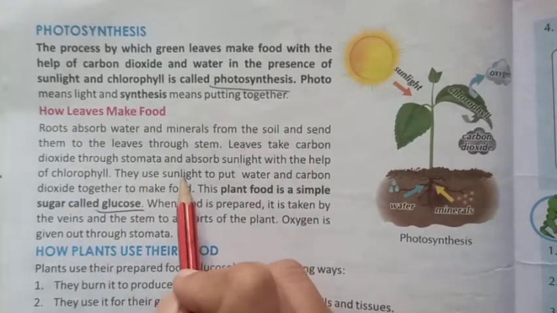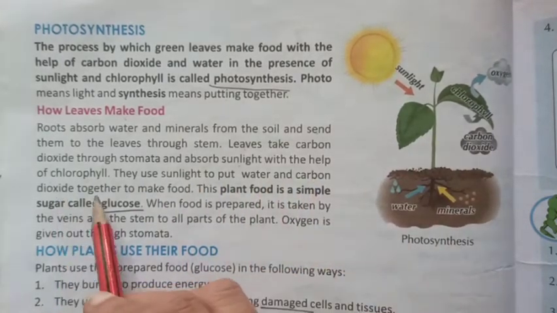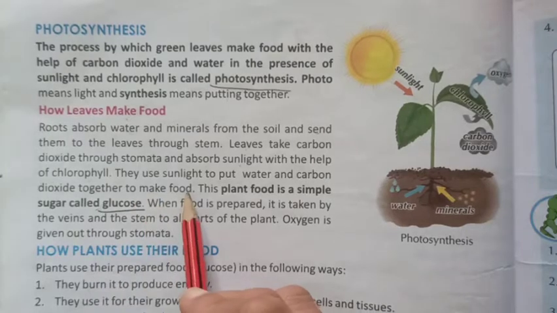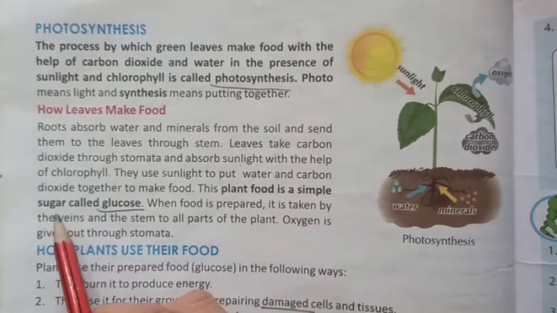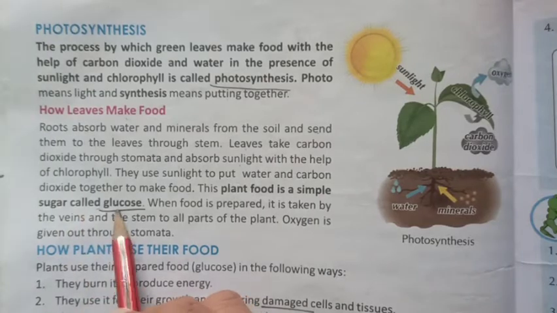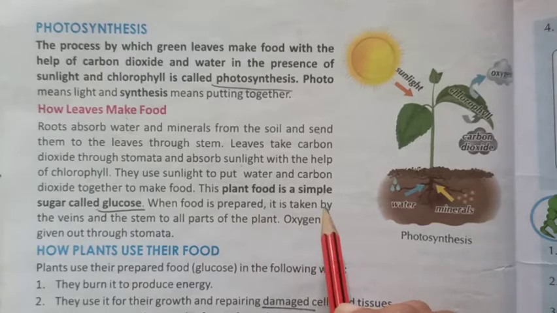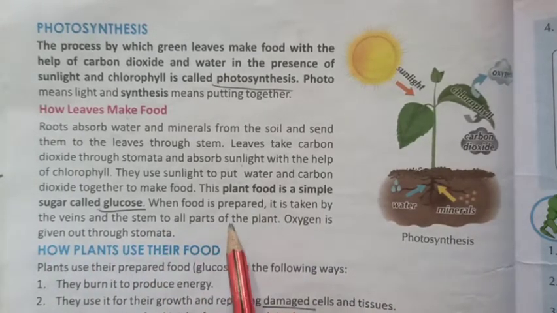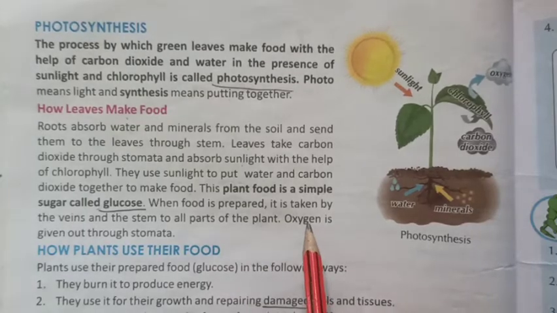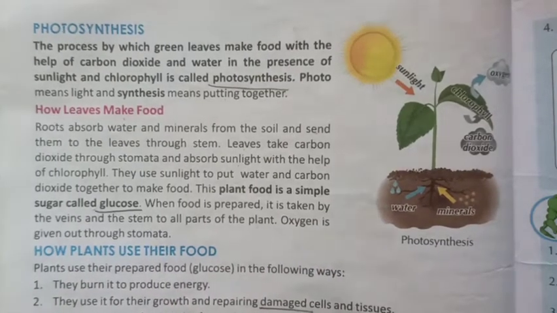They use sunlight to put water and carbon dioxide together to make food. This plant food is a simple sugar called glucose. When food is prepared, it is taken by the veins and the stem to all parts of the plant. Oxygen is given out through stomata.